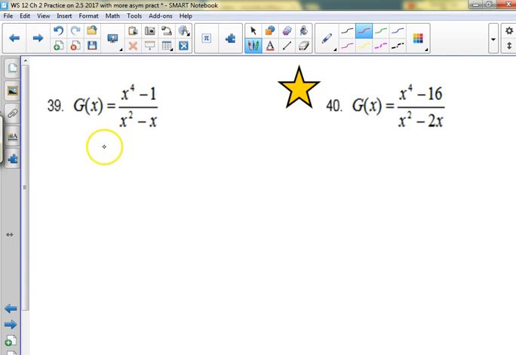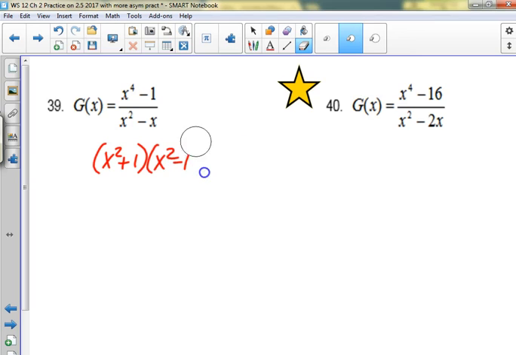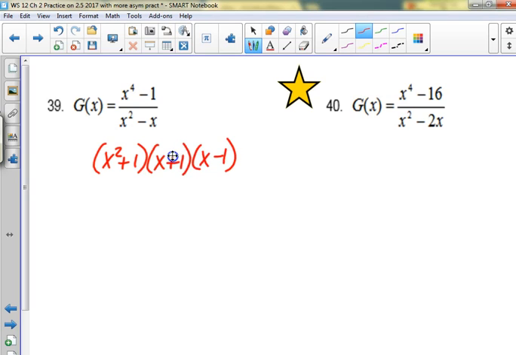How does the top factor? But then what? Yes, this one actually factors again. X plus 1 and x minus 1. Okay. What about the bottom?